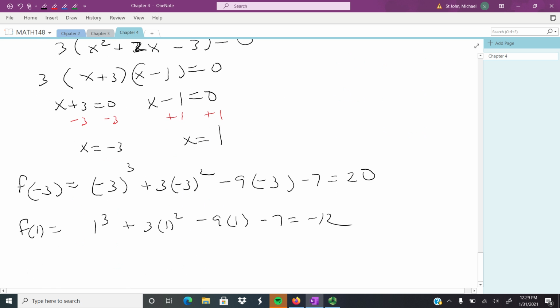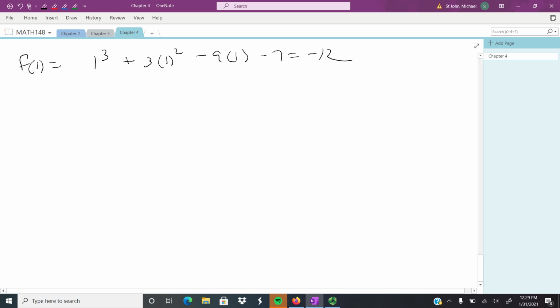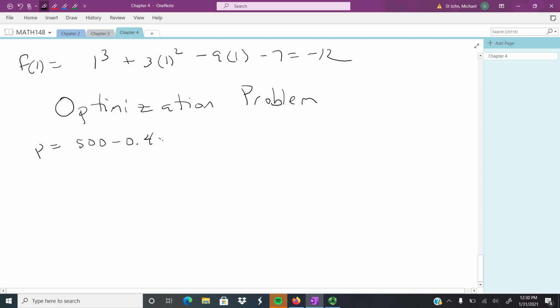All right. And then the last types of problems it talks about are optimization. And so for this, let's just do an example of one. So given something like this, that P is given to be 500 minus 0.4x, and the cost is given to be 20,000 plus 20x.